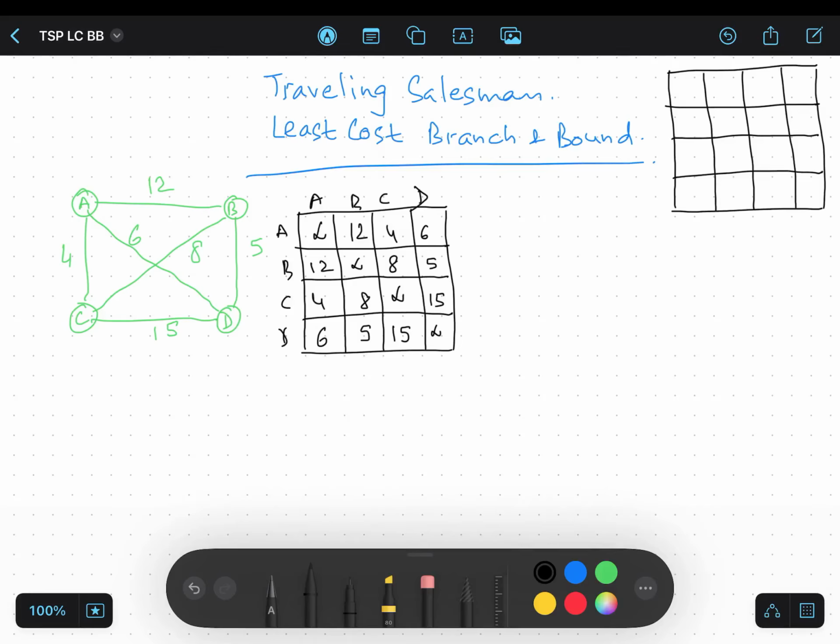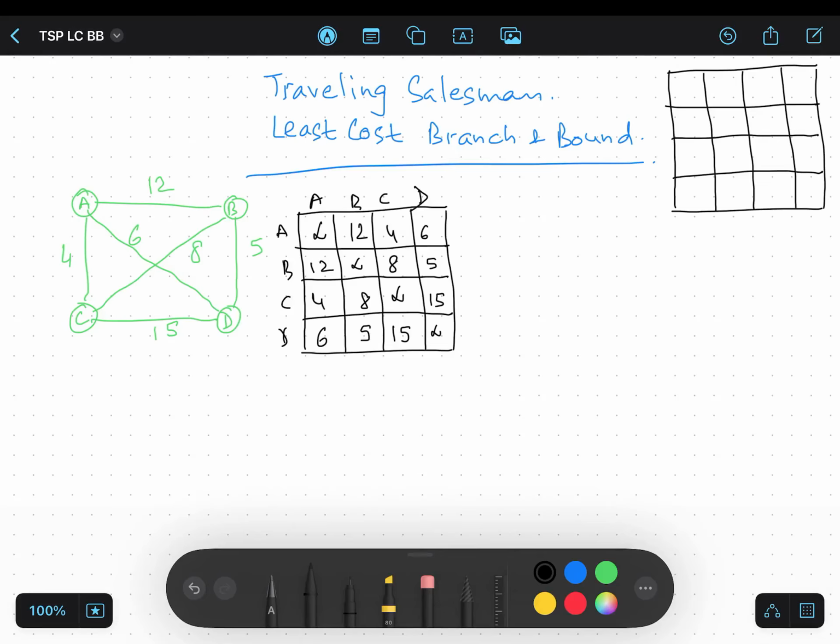Now the branch and bound method is a method where we start from one node and try to go to all other nodes.